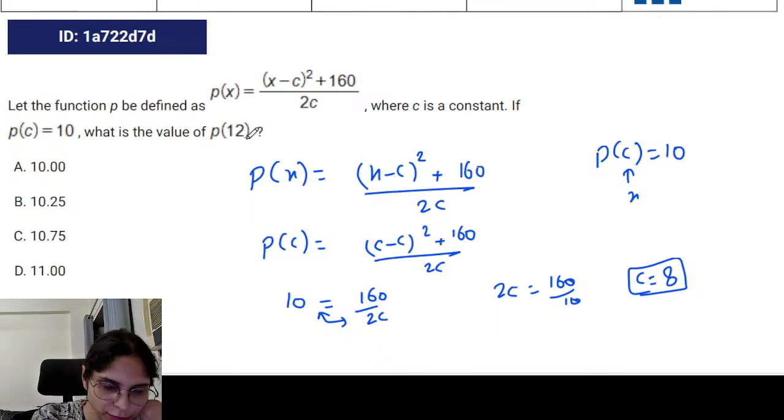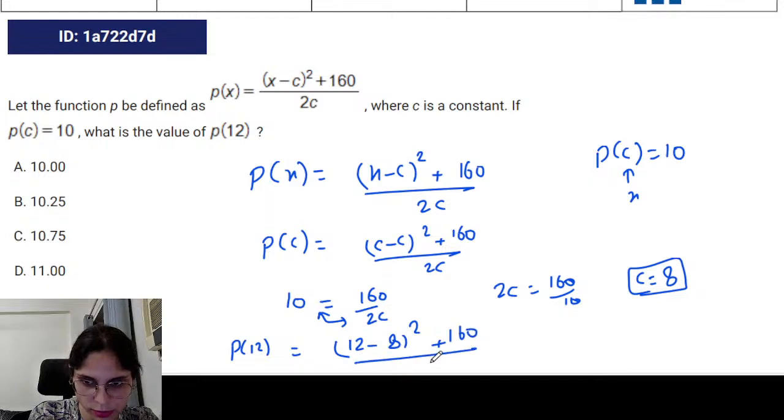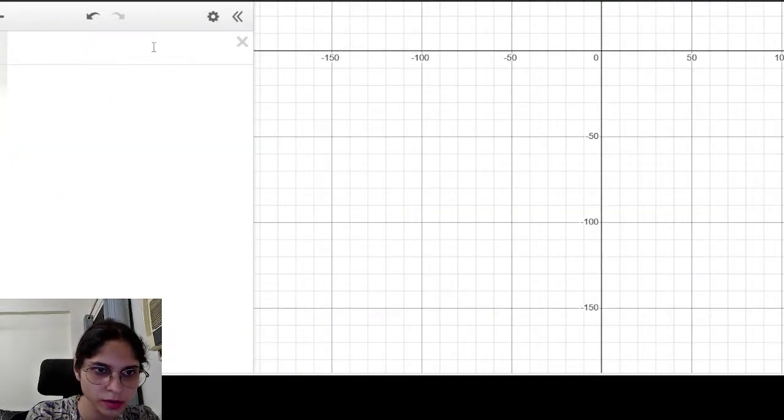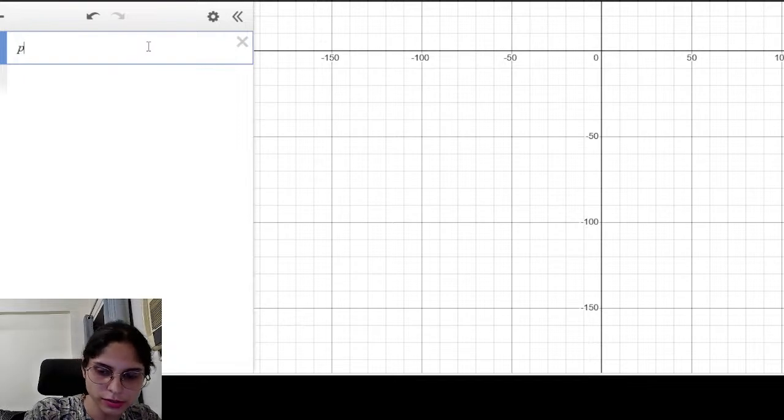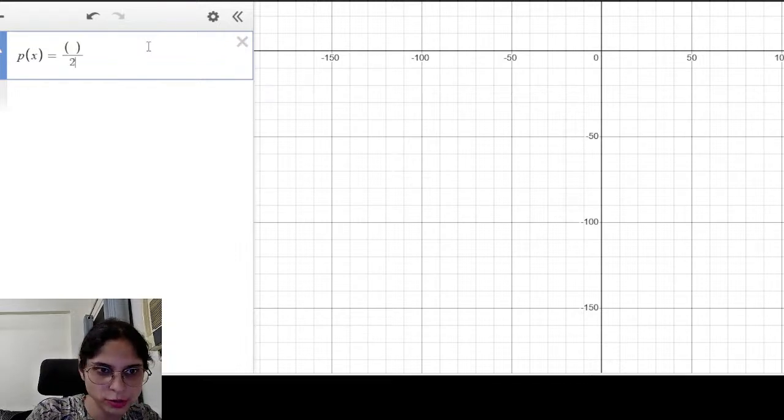Now they want the value of p of 12. So we can just write (12 - 8) whole square plus 160 divided by 2 times 8. Or you can simply write p of x equals (x - 8) whole square plus 160 divided by 2, where the value of c is 8.